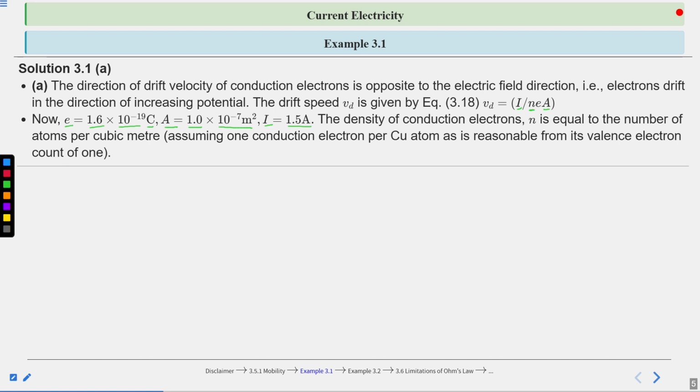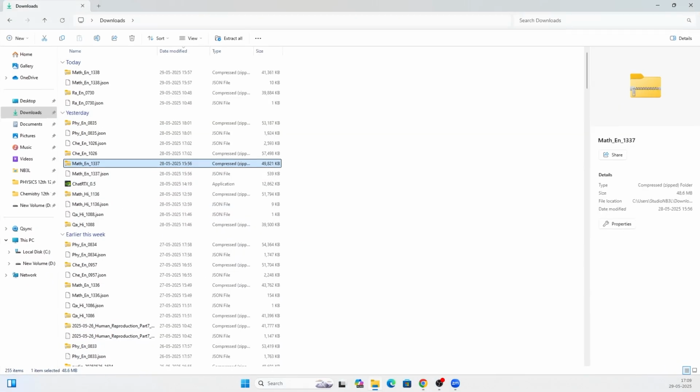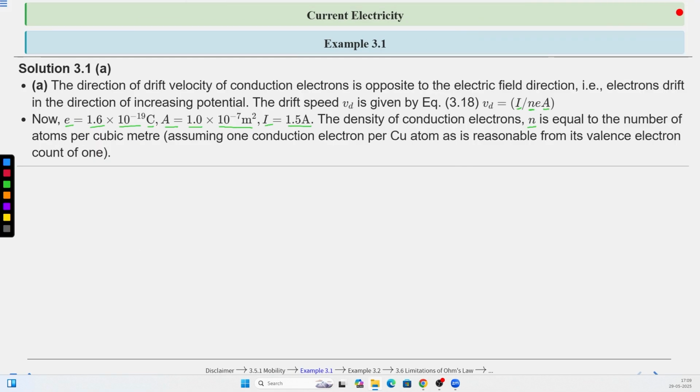So the density of conduction electrons n is equal to number of atoms per cubic meter, assuming one conduction electron per copper atom, as is reasonable from its valence electron count of 1.